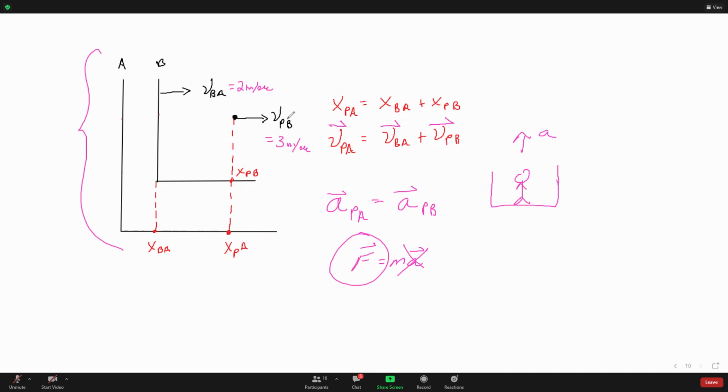So a person walking on the walkway in the airport, well, the airport could be frame A. The person on the walkway could be frame B. And the person on the walkway is like a particle in frame B that's moving with respect to frame B and frame A. But you might have it the other way around. You might say that the walkway is frame A, in which case frame B would be the airport moving not to the right, but to the left.